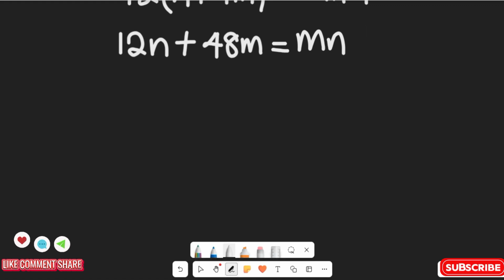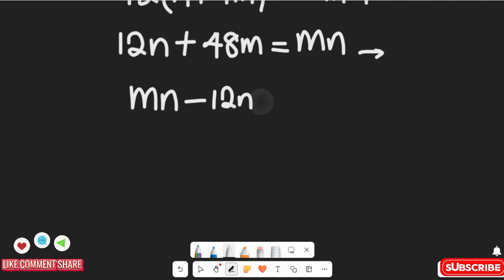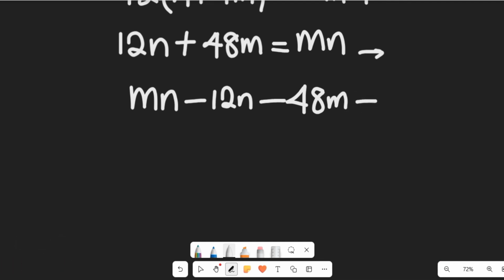Now let's take everything on the left hand side to the right hand side. So we get mn, and the plus 12n goes over to give us minus 12n, the plus 48m comes over to give us minus 48m, and all of them are equal to 0. So what do we do from here?